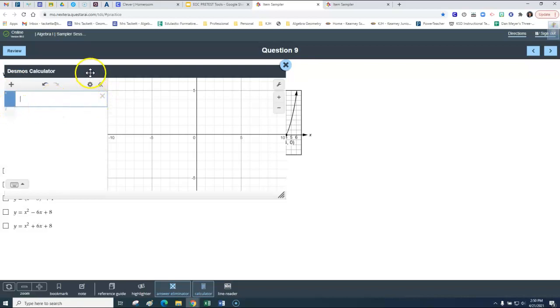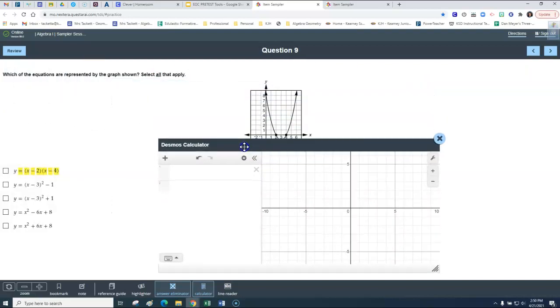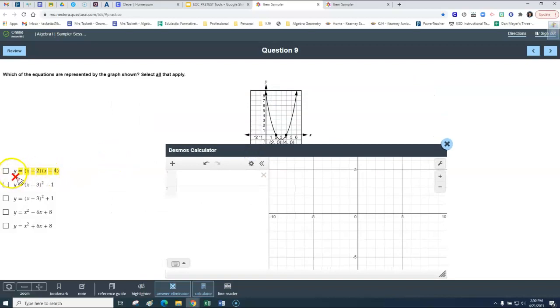We're actually going to take, and you can move it like this too, we're going to take this first equation, and I'm actually going to get rid of the answer eliminator. We're going to take this first equation and put it in right here.